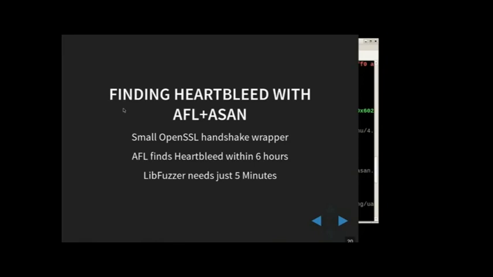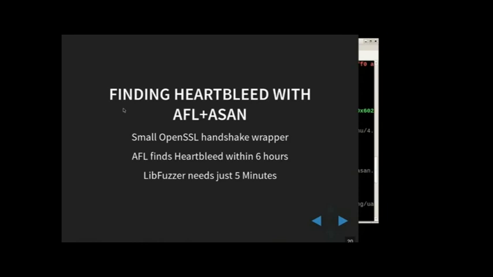And then using that with an older version that was vulnerable to Heartbleed, after a couple of hours, it rediscovered the Heartbleed bug. Now you can say, okay, it's easy to find a bug if you already know where it is. But I would argue that in this experiment, I didn't use any information that was very specific to Heartbleed. It was just a handshake.